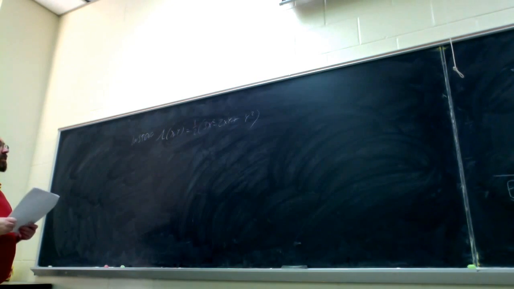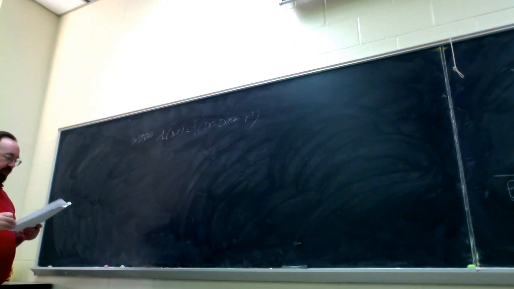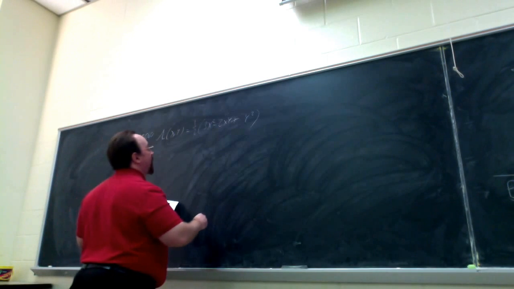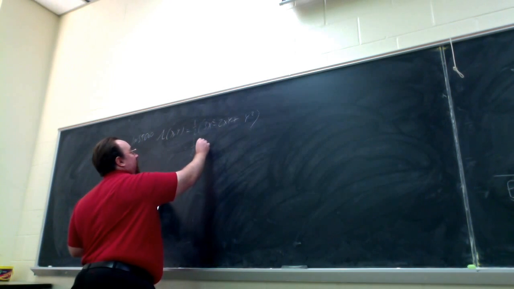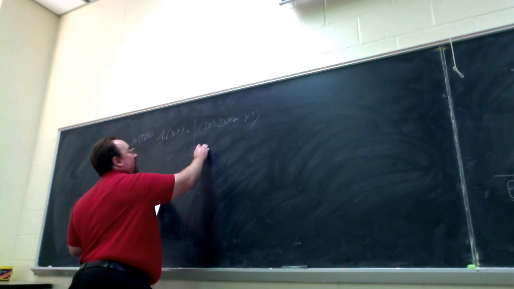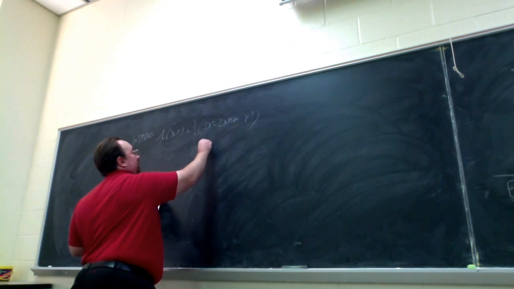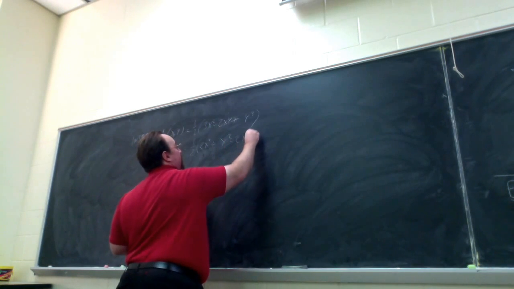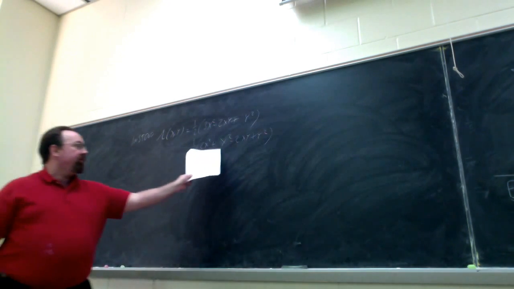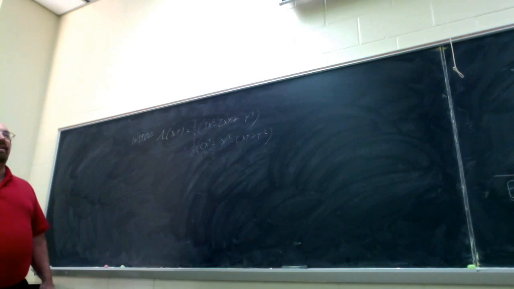Now, one thing that can be done is this can be rewritten as 2x squared plus x squared minus 2xy plus y squared. And now that last part over here, that's a perfect square.